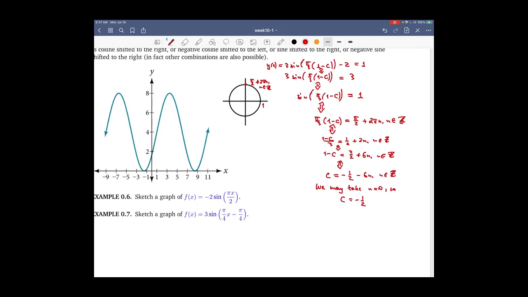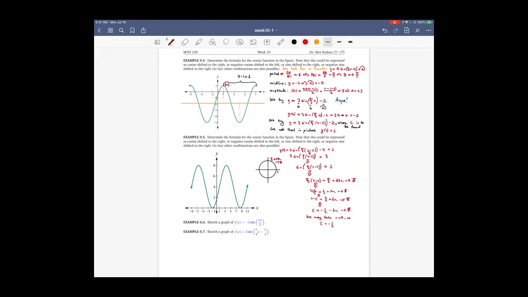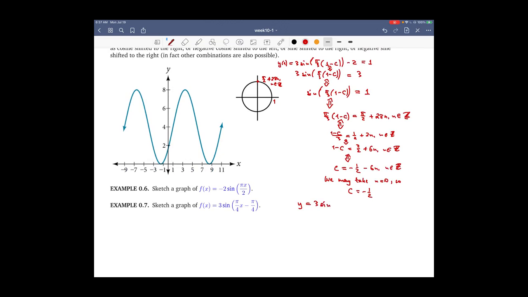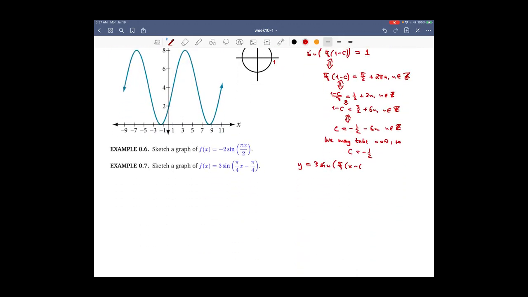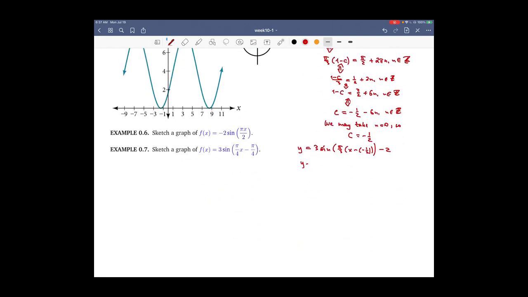And now, when c is negative 1 half, I get that my formula for y is 3 times sine of pi over 3 x minus negative 1 half, minus 2, or in other words, y equals 3 sine pi over 3 x plus 1 half minus 2, or even easier, y equals 3 sine pi over 3 x plus pi over 6.